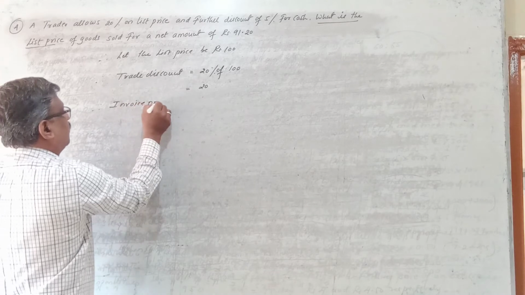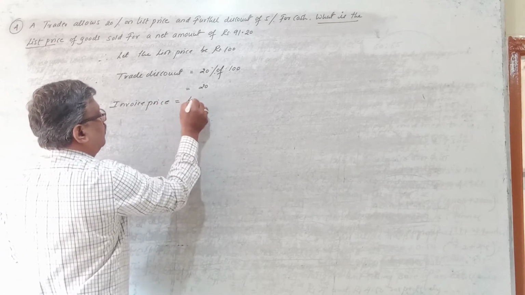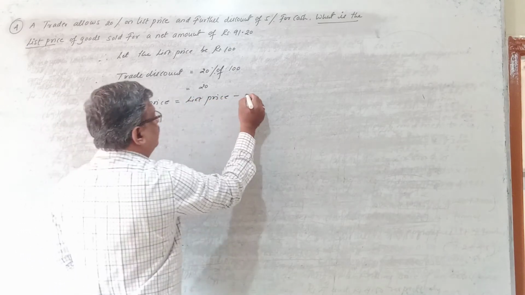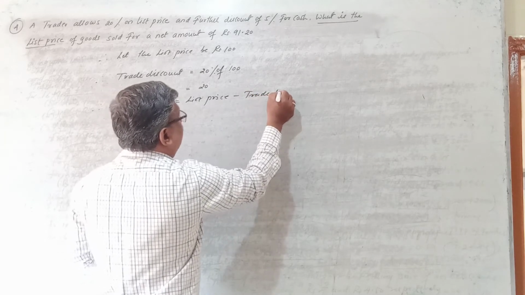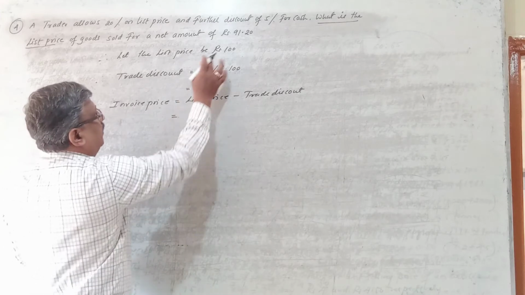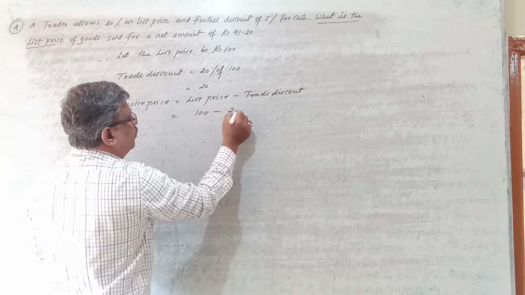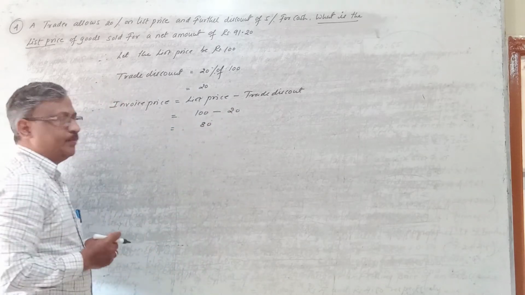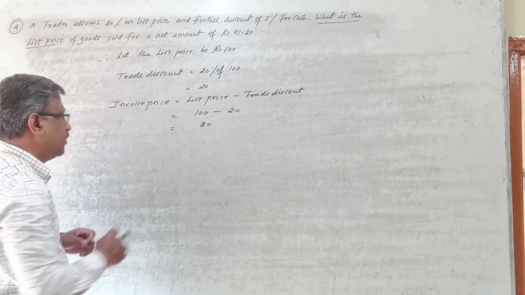To determine the invoice price, from the list price you have to minus the trade discount. My list price is 100 and trade discount is 20, so minus it, you will get 80 rupees. So my invoice price comes to 80 rupees.